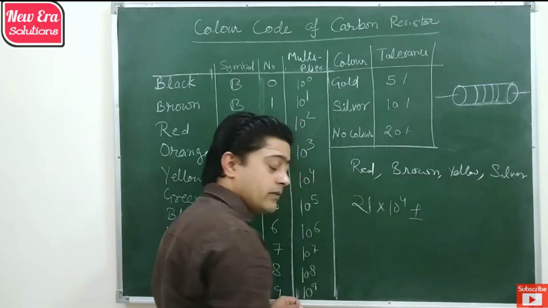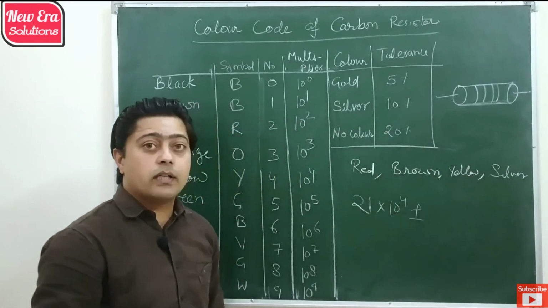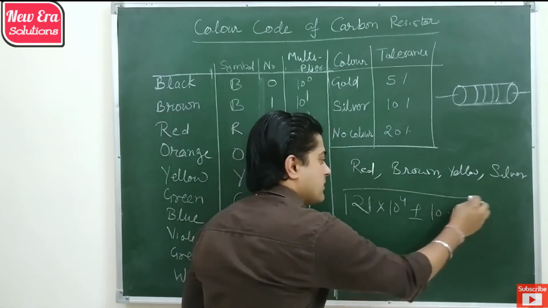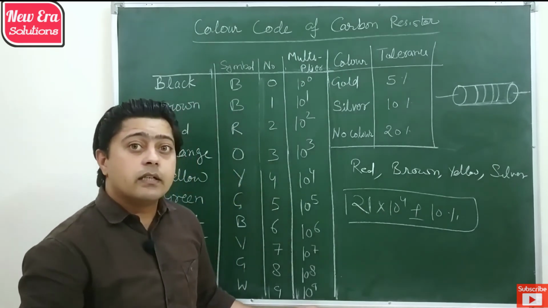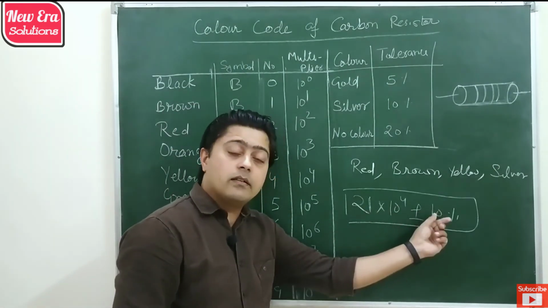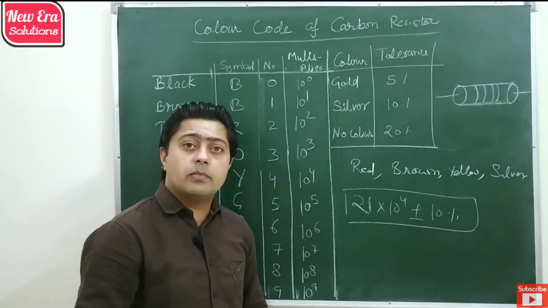Then for tolerance, that means error, plus minus, silver represents the tolerance of 10%. That means the given carbon resistor has the resistance 21,000 plus minus 10%. So that's how you can calculate the resistance of a carbon resistor.